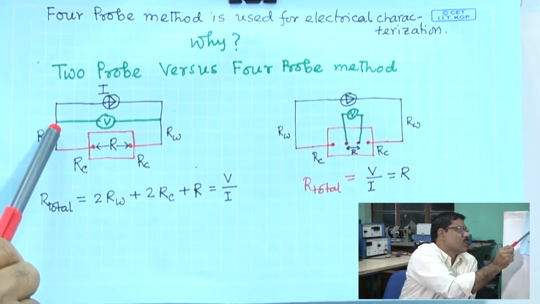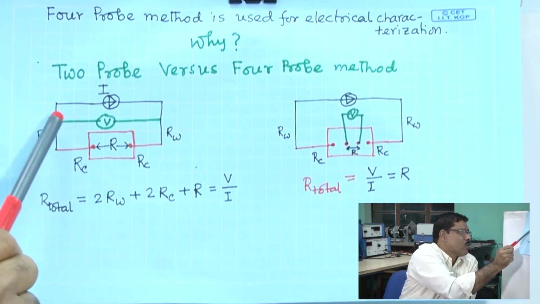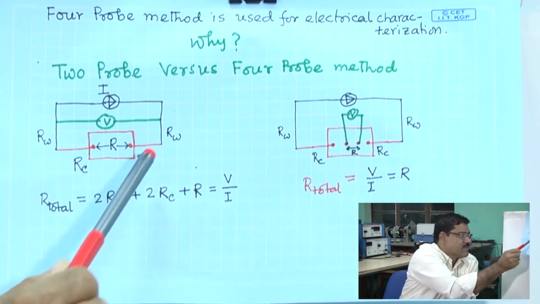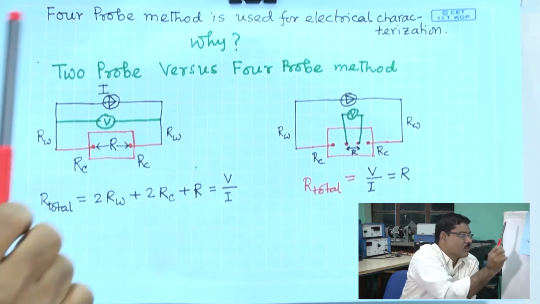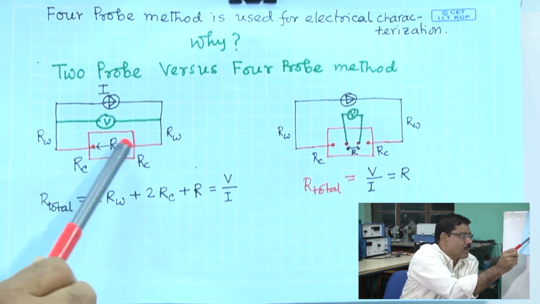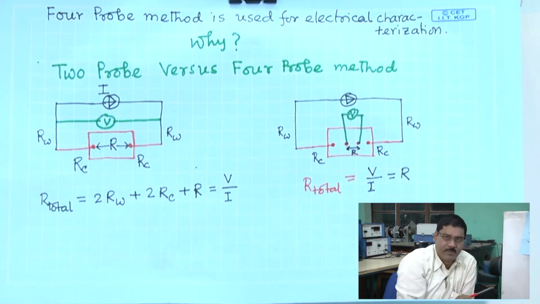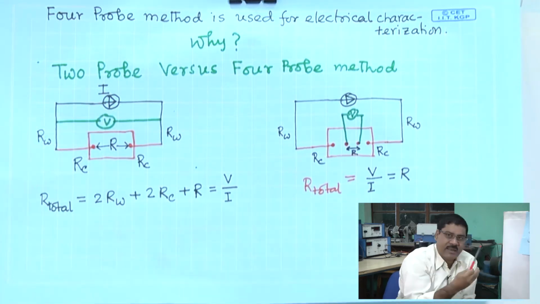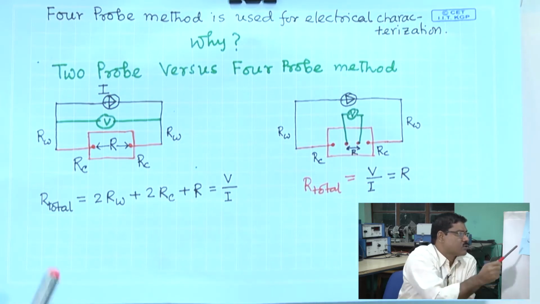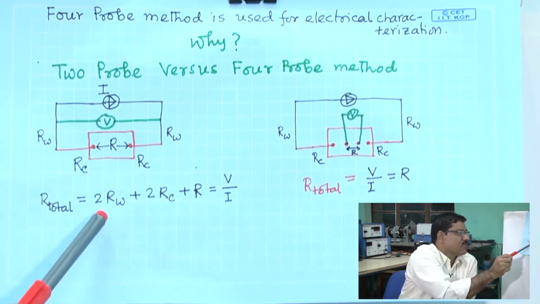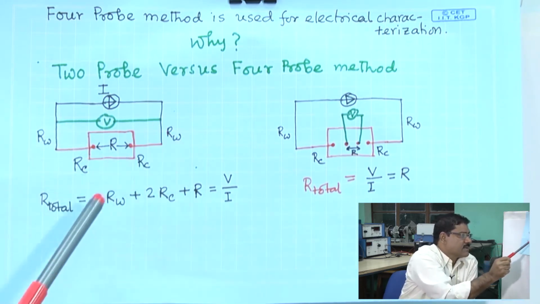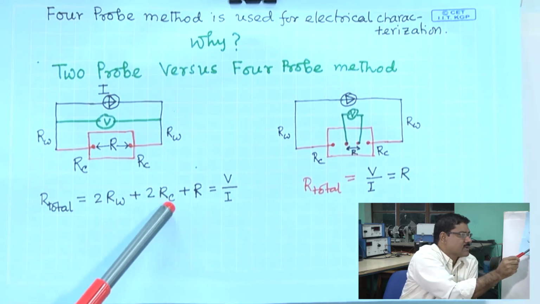It will see the voltage drop across this wire resistance, then RC, the contact resistance. Similarly, the other side also has RC and RW, and the sample resistance is R between these 2 points. So, the voltmeter reading is the voltage drop across the total resistance. What will be the total resistance? 2RW plus 2RC plus R.